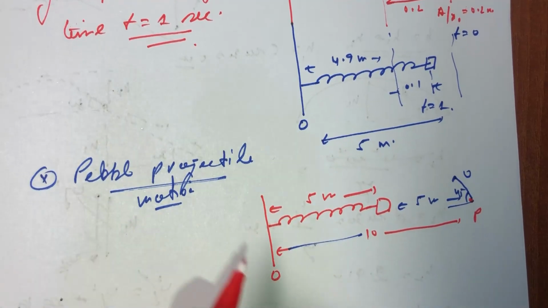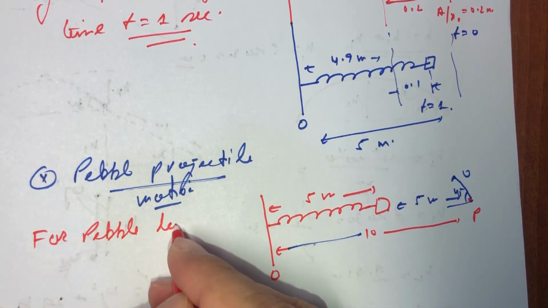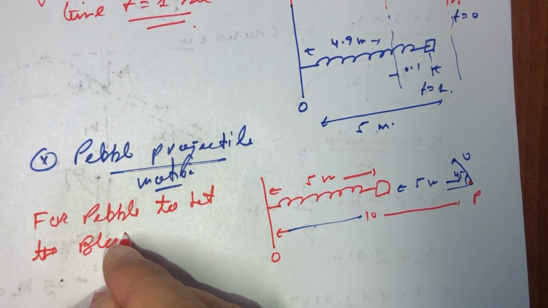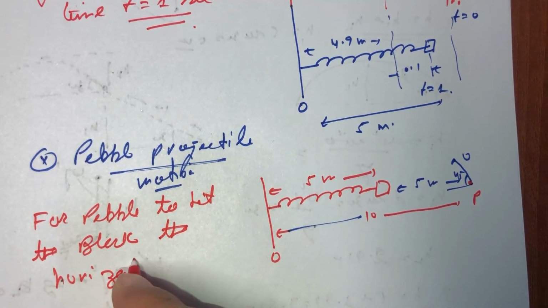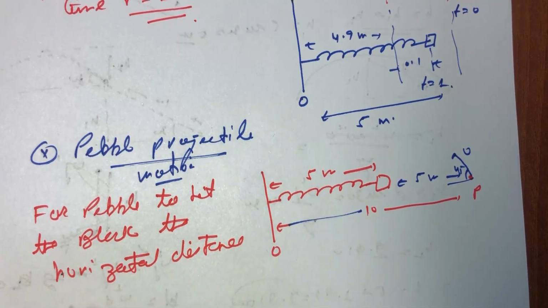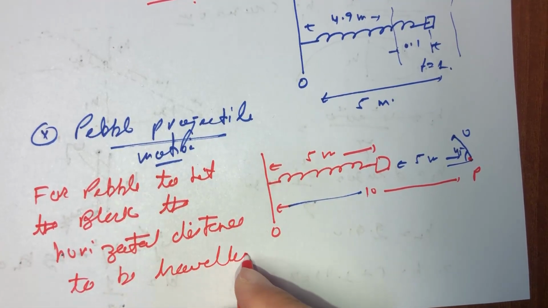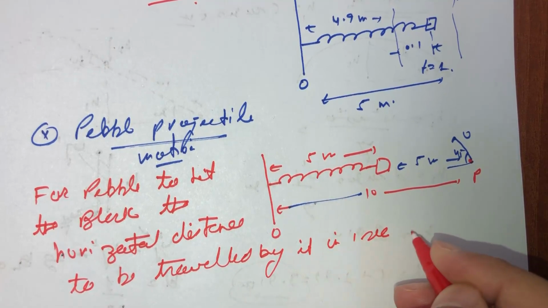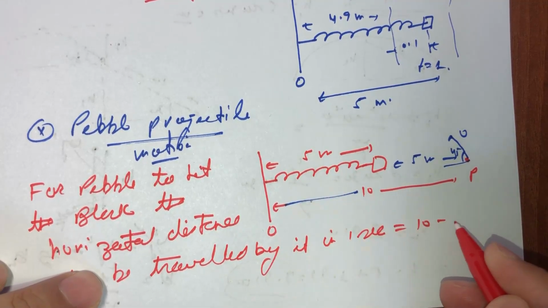So we can say for the pebble to hit the block, the horizontal distance to be traveled by it in 1 second will be equal to the total distance, that is 10 minus 5.